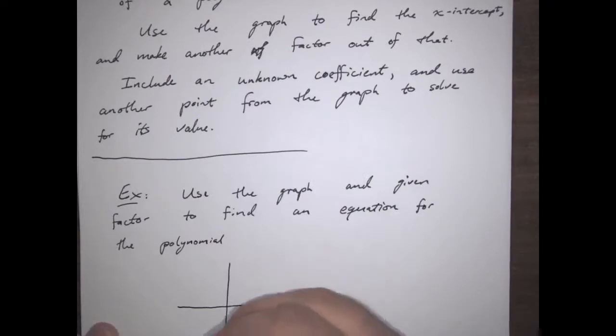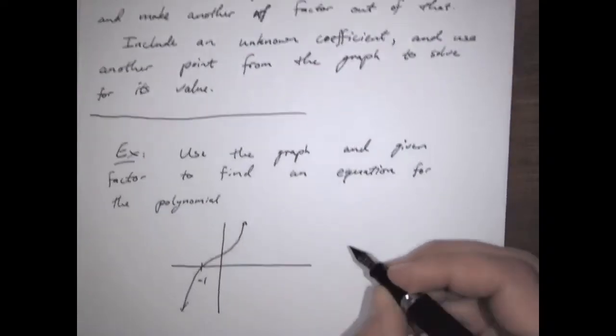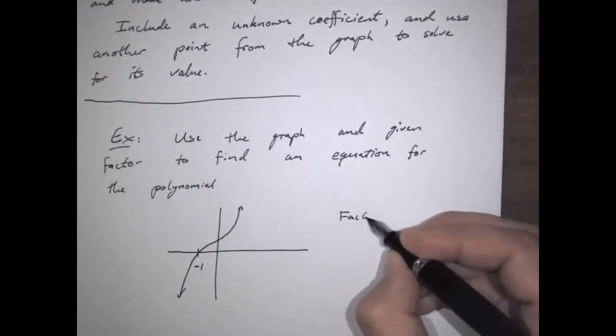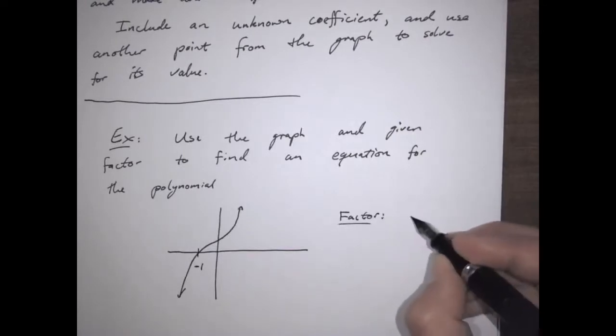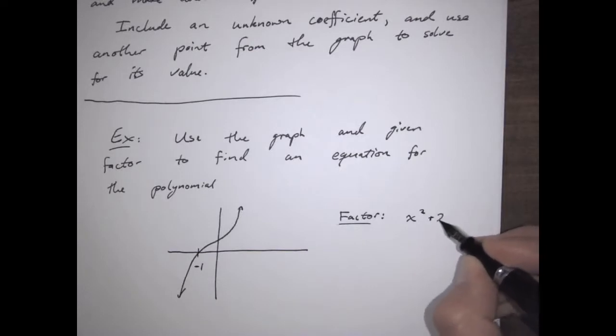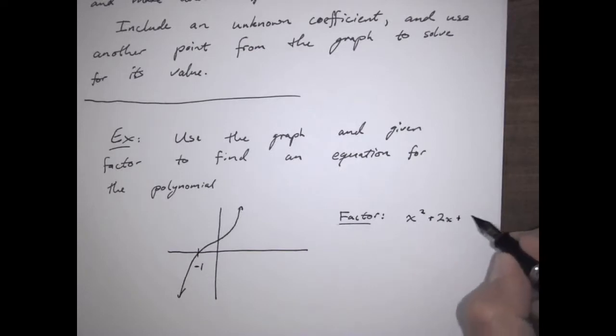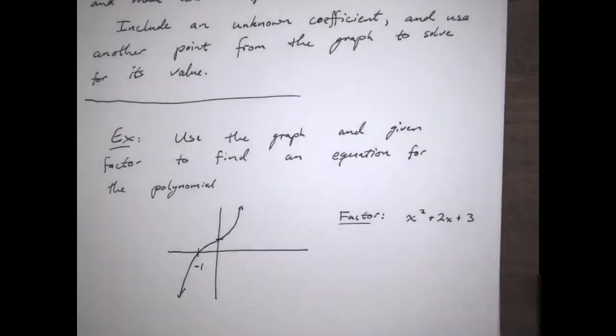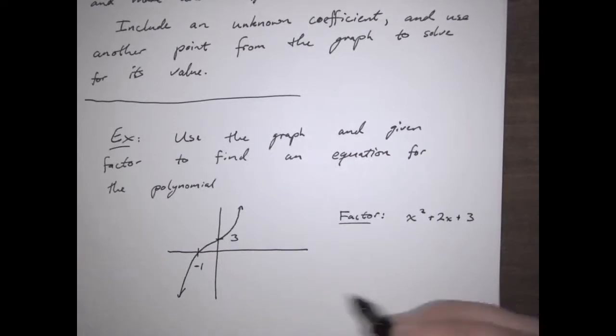So we'll have it go like so, and we'll say that that is -1, and we'll be told a factor of x squared plus 2x plus 3, and then here we'll be told that this value is 3. Alright, so let's give this a try.